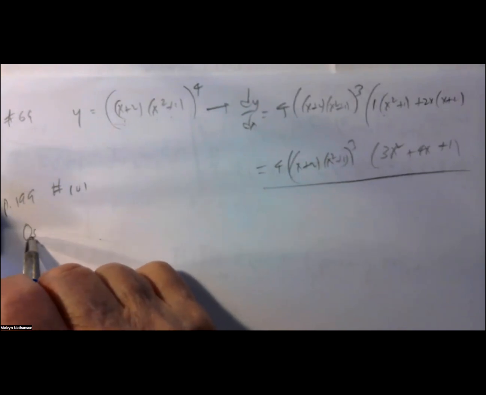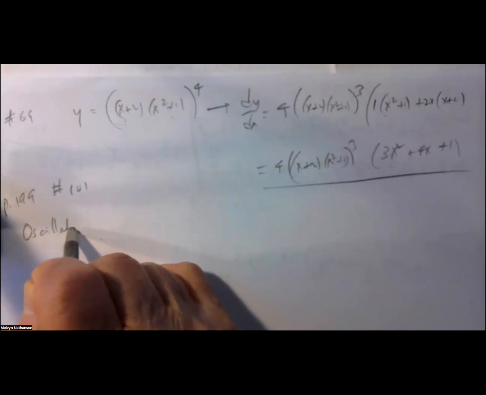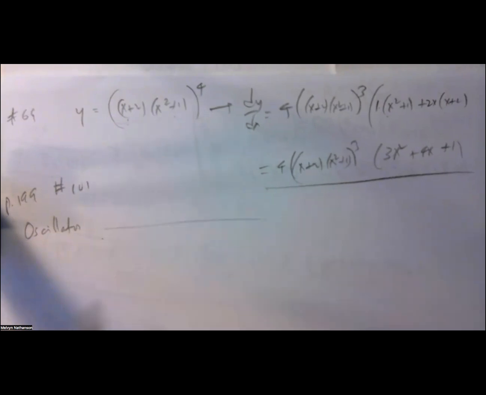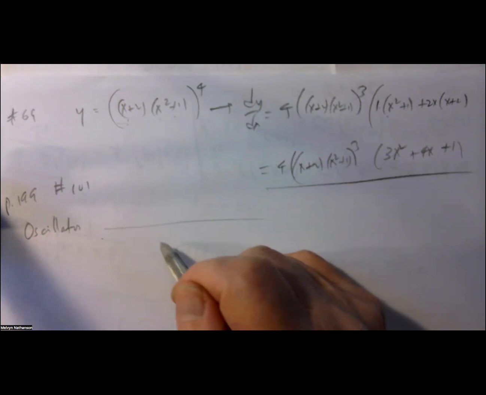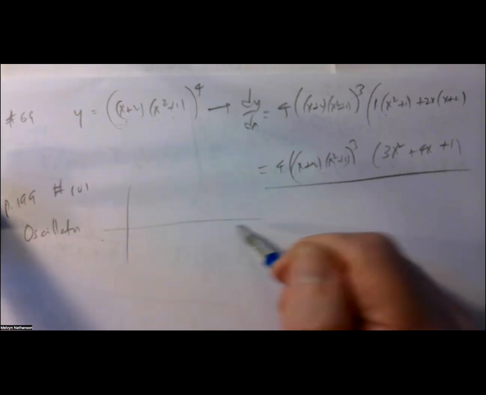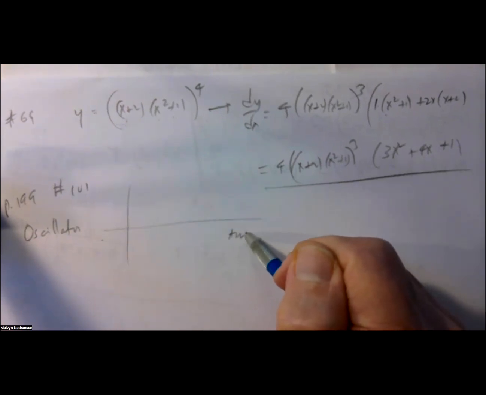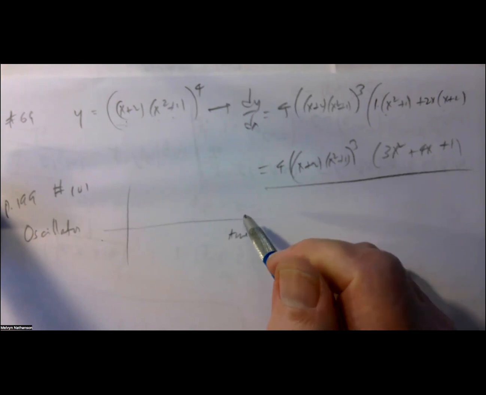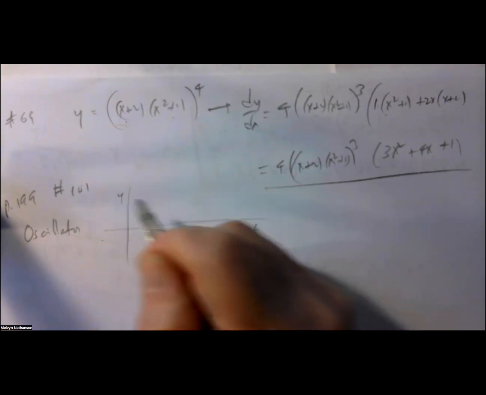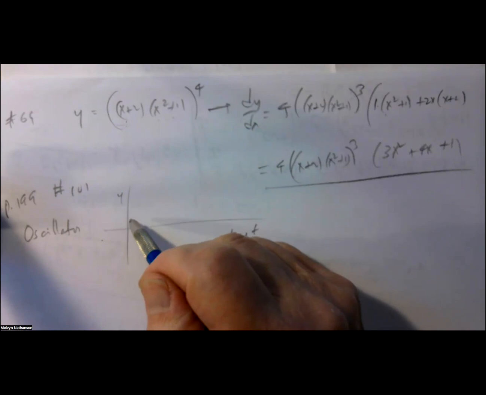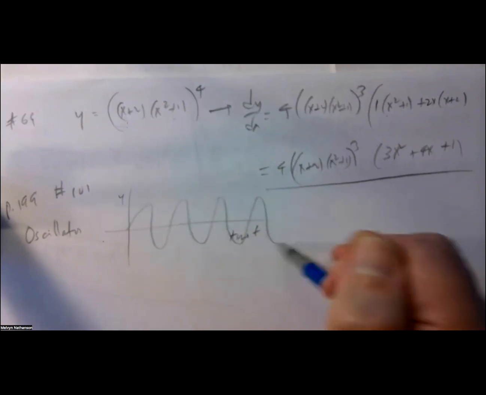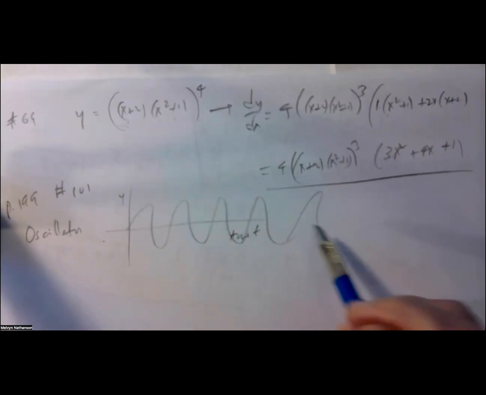If something is oscillating, say it's something hanging from a spring and going up and down as a function of time, t, and let's say the vertical displacement is y, if it's just oscillating, it looks like that forever.